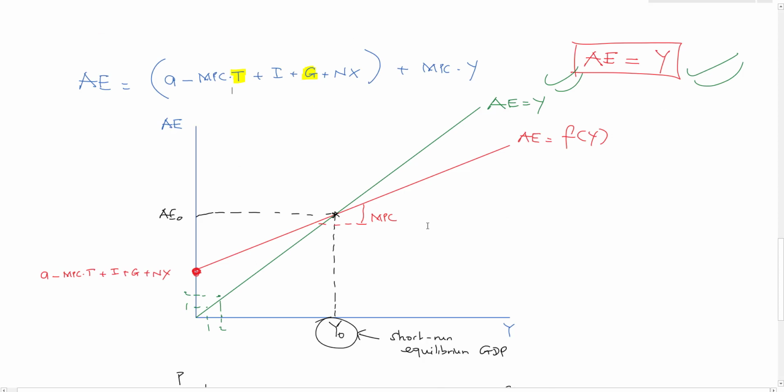And I think this is actually easy to see, that if the AE line, that red line, shifts up, then the point of intersection is going to be on this side, and this will cause the short-run equilibrium GDP to increase. Or if the line shifts down, then the new point of intersection will be on this side, and this will cause the short-run equilibrium GDP to decrease. I think this is fairly easy to see, right?